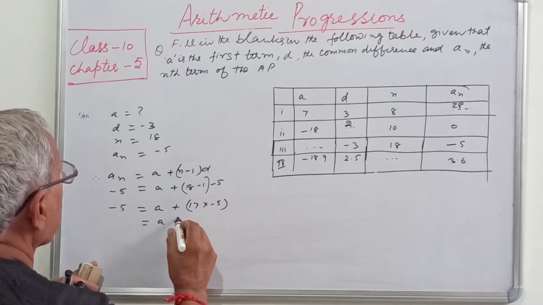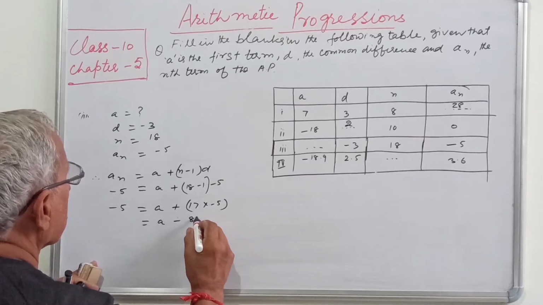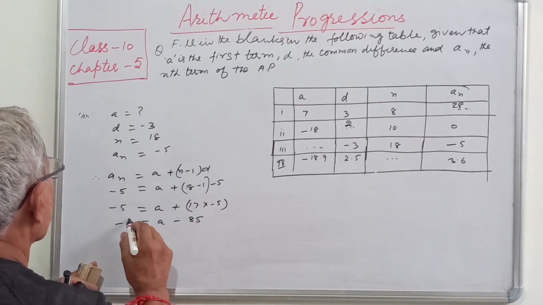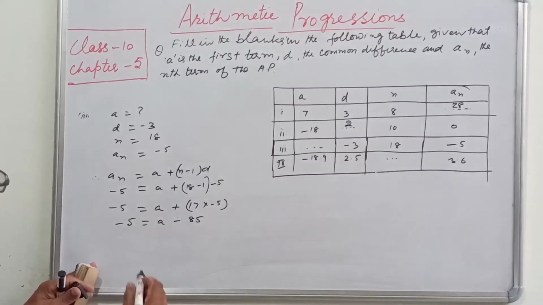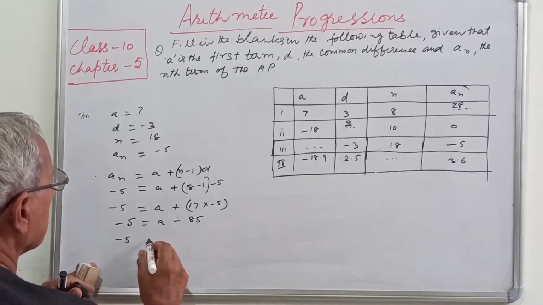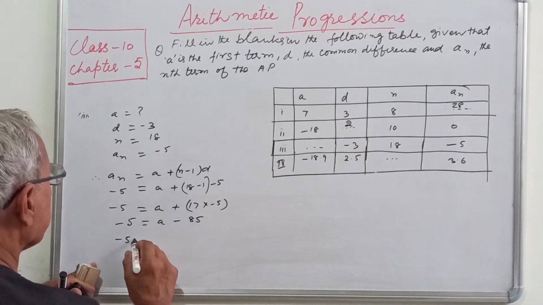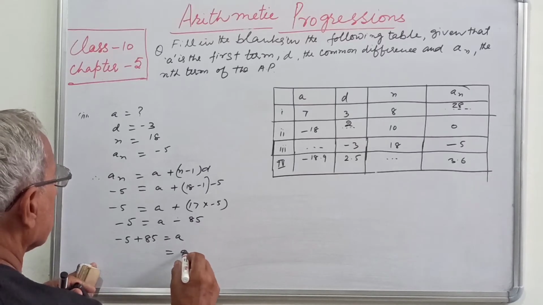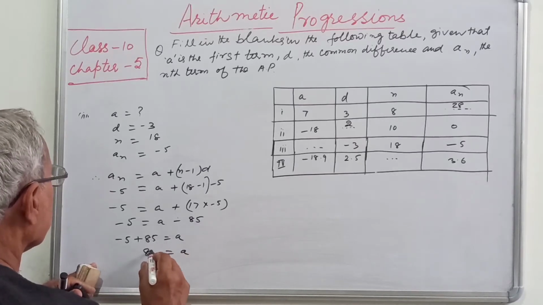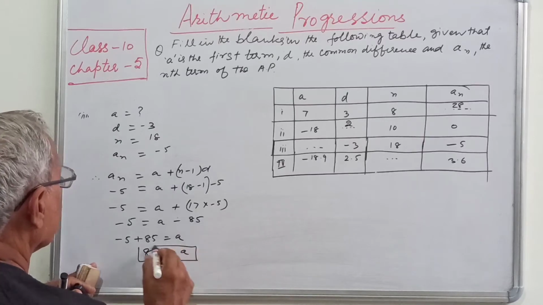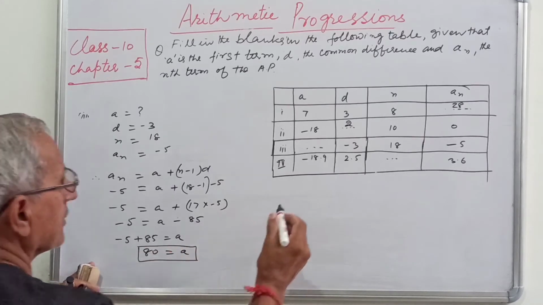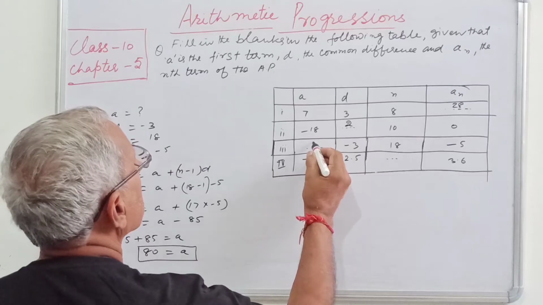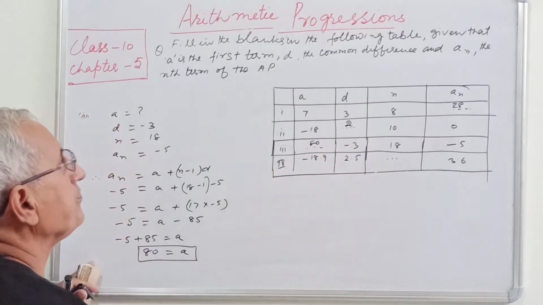So a minus 51 is equal to minus 5. सो minus 5 और 51 इधर आ गया तो हो गया 46 is equal to a. तो यहाँ आ गया a की वैल्यू.